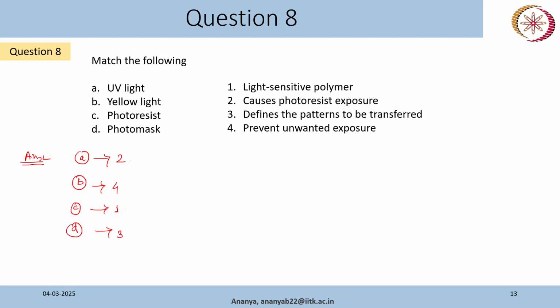They will make it for us, but the process is the same. We make patterns of chromium on top of the substrate, and the substrate will be transparent so that light will pass through those transparent regions where we want exposure. That's it. So what is a photomask? It is basically a chromium coated glass substrate, right?